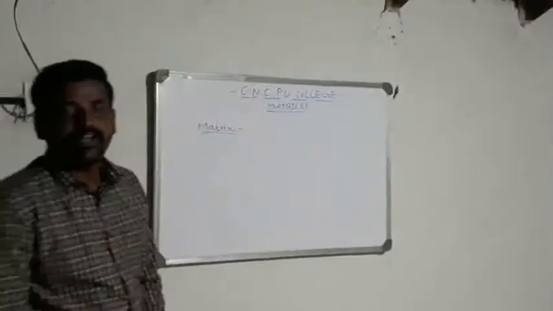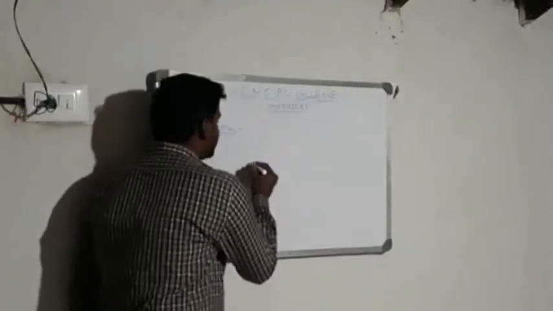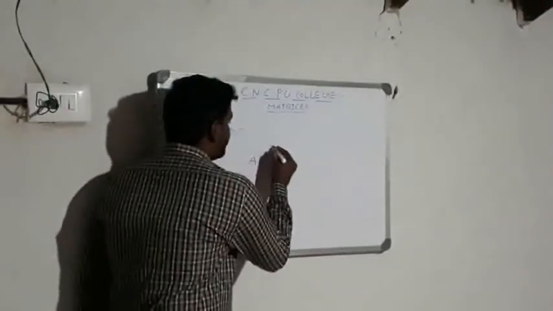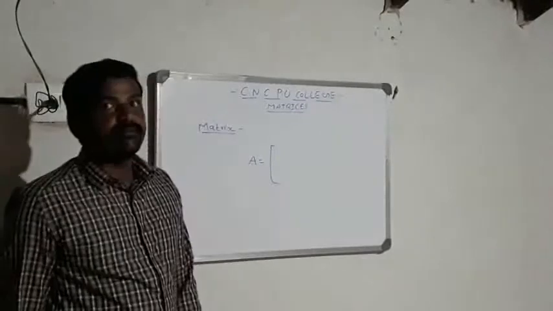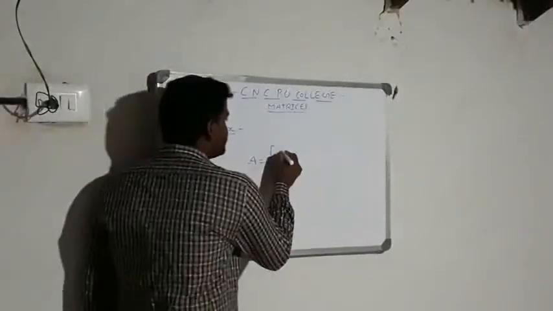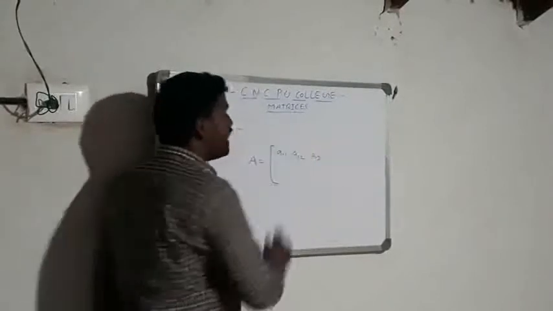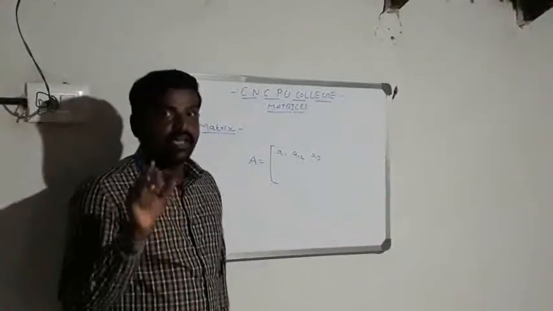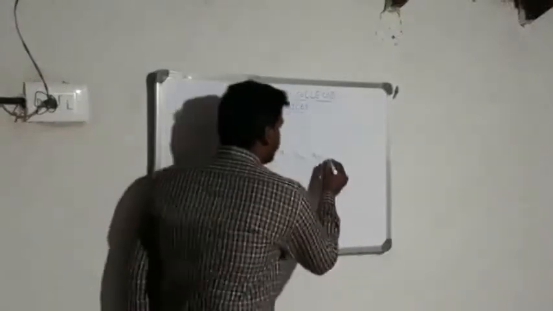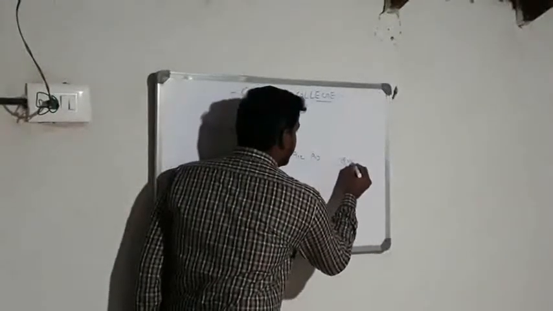We can write a general matrix A. Suppose matrix A has the order m cross n, having m rows and n columns. This can be written as A11, A12, A13 up to A1n.